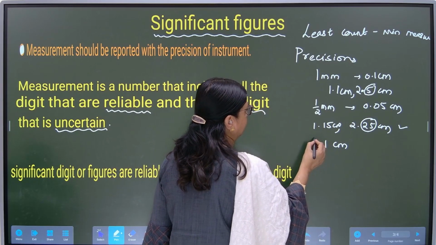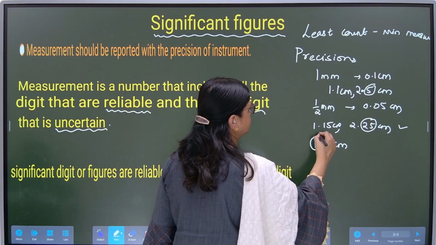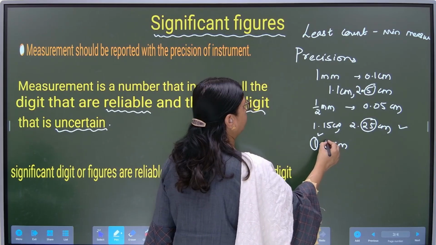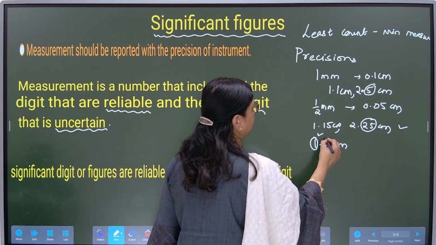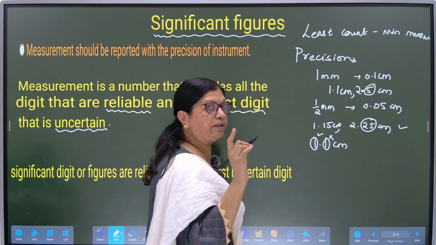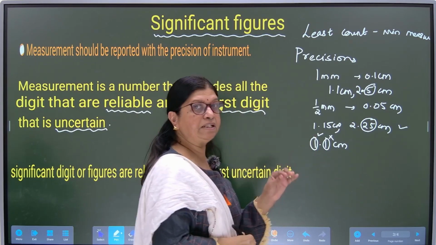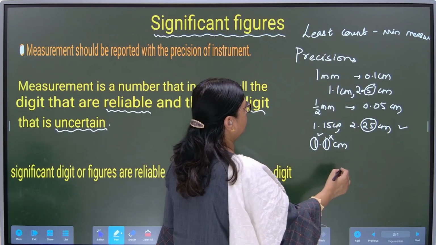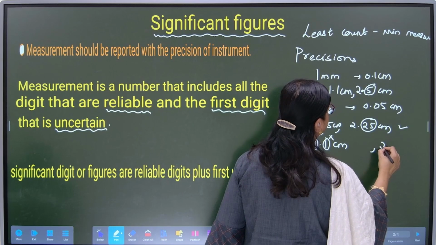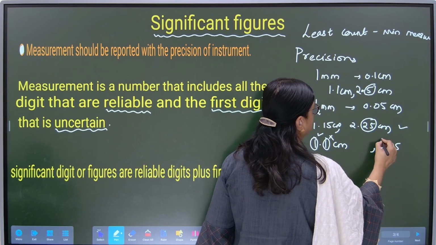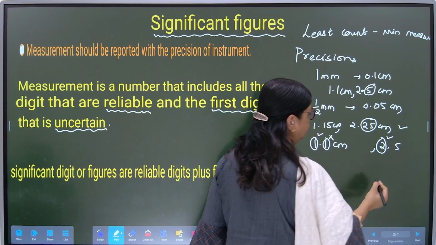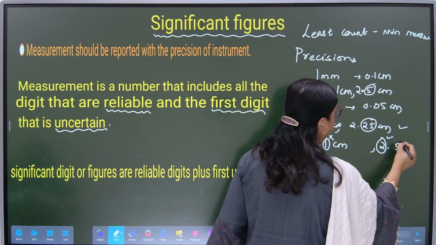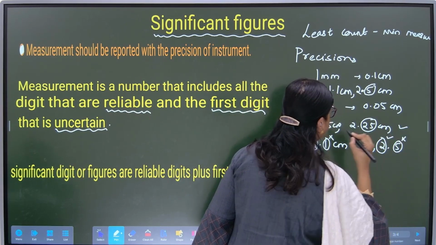Here 1 is a reliable digit and 0.1, that is 1, is the first uncertain digit, means not sure digit. Okay. Here in the next example 2.5, 2 is reliable and 5 is uncertain.